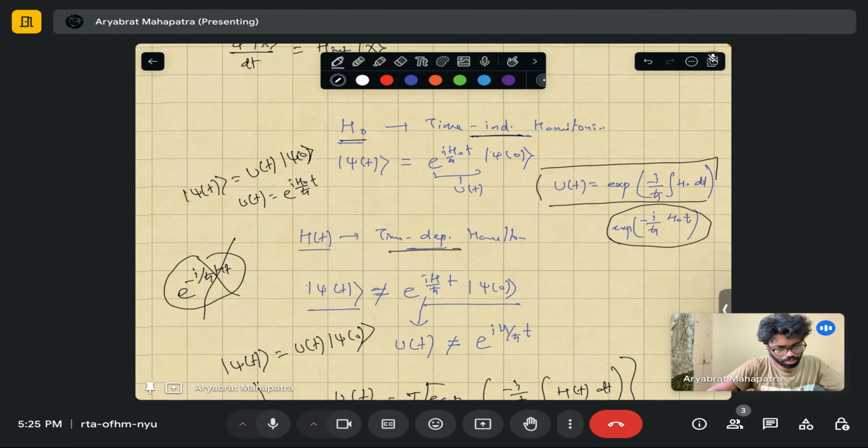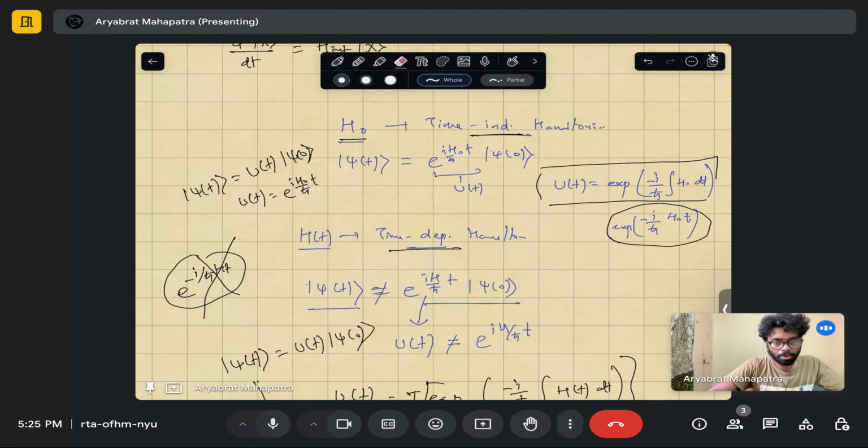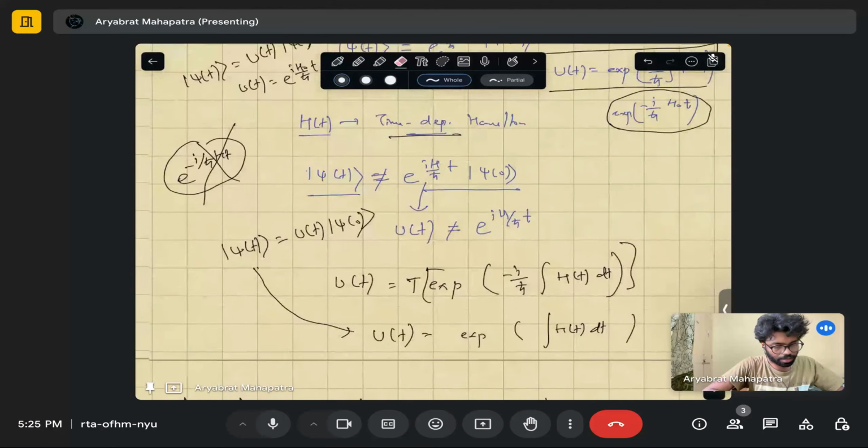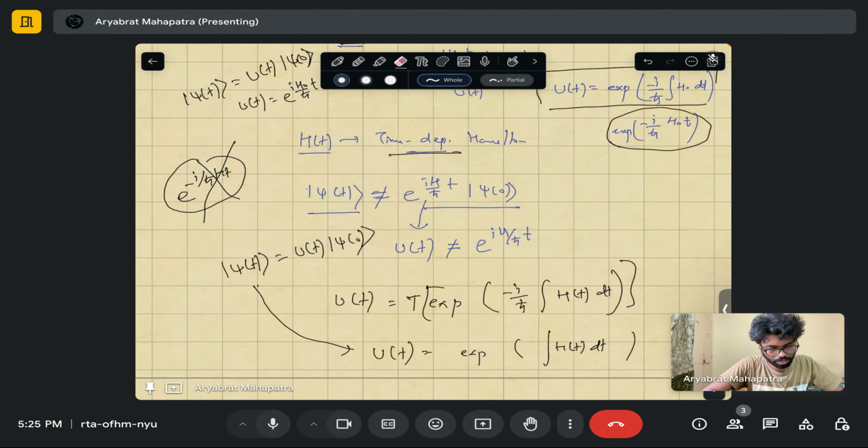So that is why you cannot use the free Hamiltonian when you are in time dependent. But again, I think your question was why I'm not using the full Hamiltonian. Like I said, let me erase this part.